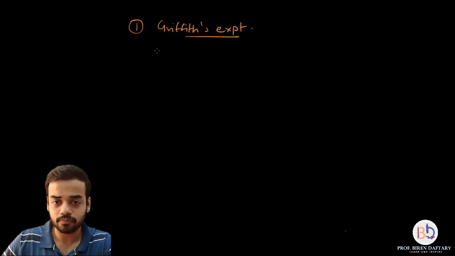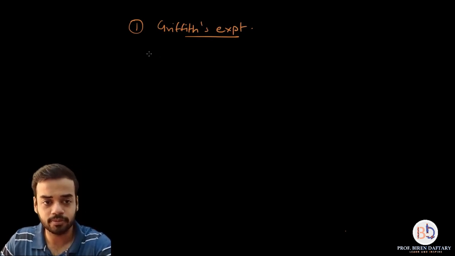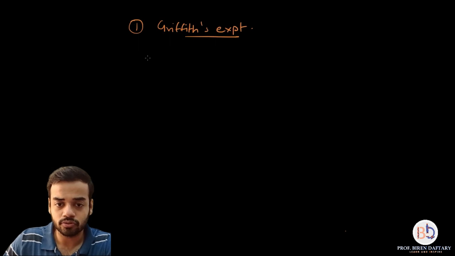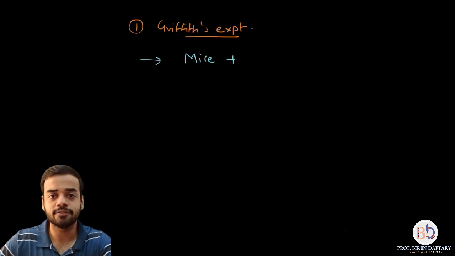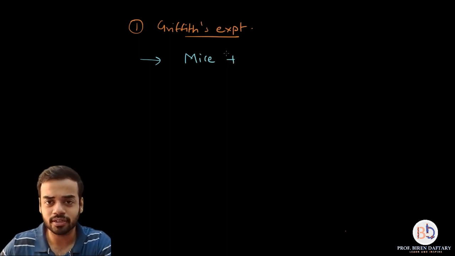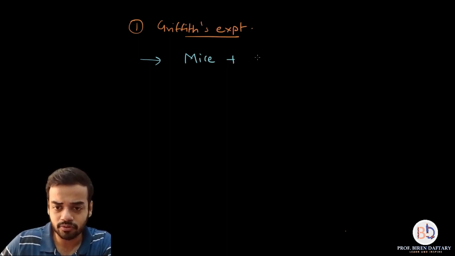So the first step of the experiment, if you directly write down: mice are injected with any one of the strains. I will write down live R strain.